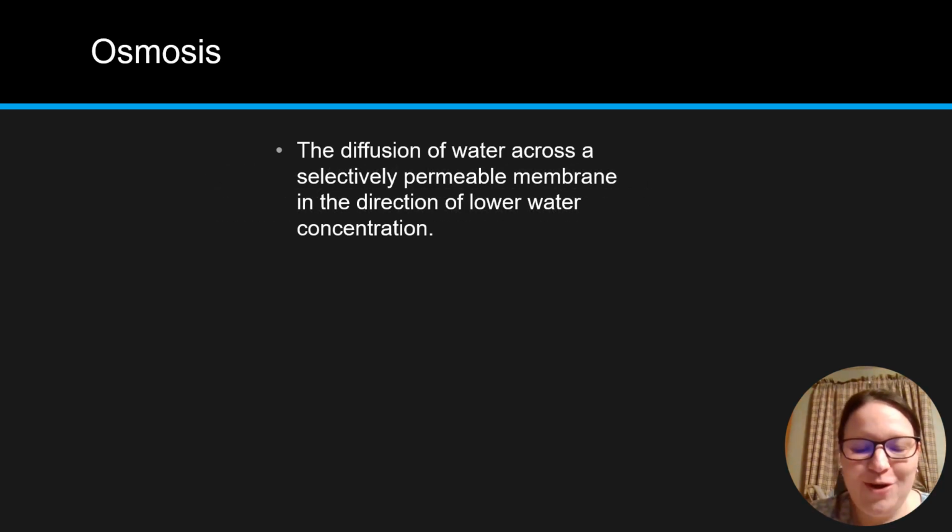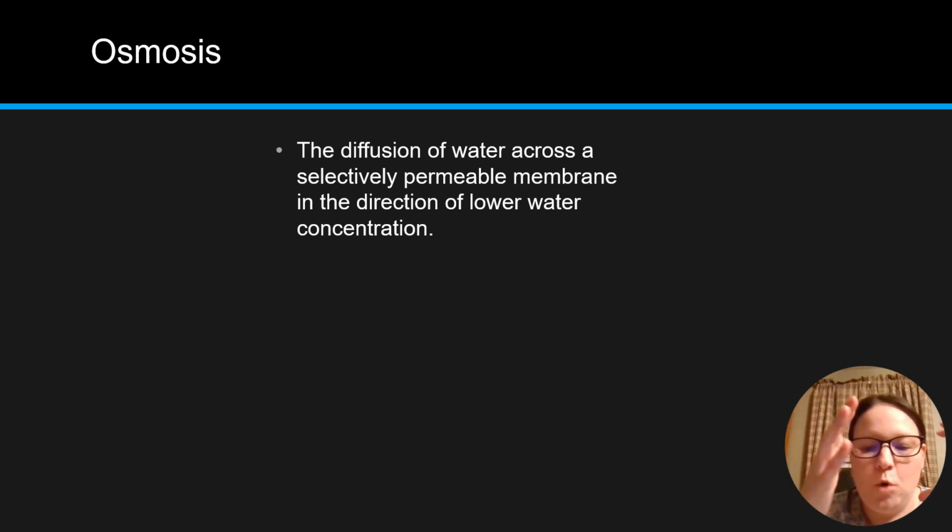Okay, on to osmosis. It is the diffusion of water across a selectively permeable membrane in the direction of a lower water concentration. So again, if you have a square thing full of water, and you have a sponge right in the middle of it, the sponge will act as your selectively permeable membrane.